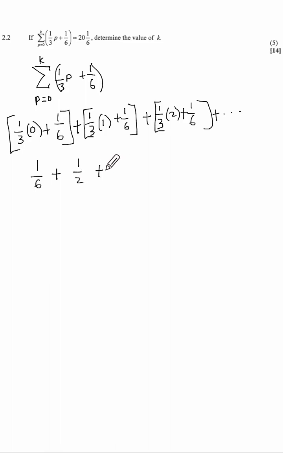Then the next term, 1 over 3 times 2 plus 1 over 6, we would get 5 over 6, plus on and on. So now we want to use these 3 terms in order to find out what kind of series it is. Is it geometric? Is it arithmetic? We can only find that out by trial and error.